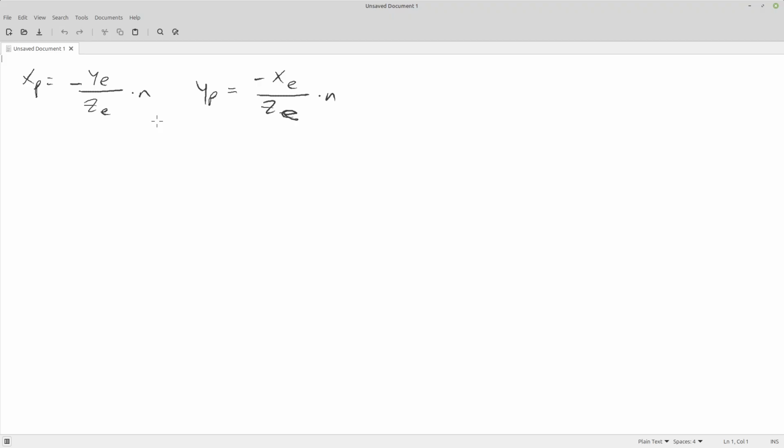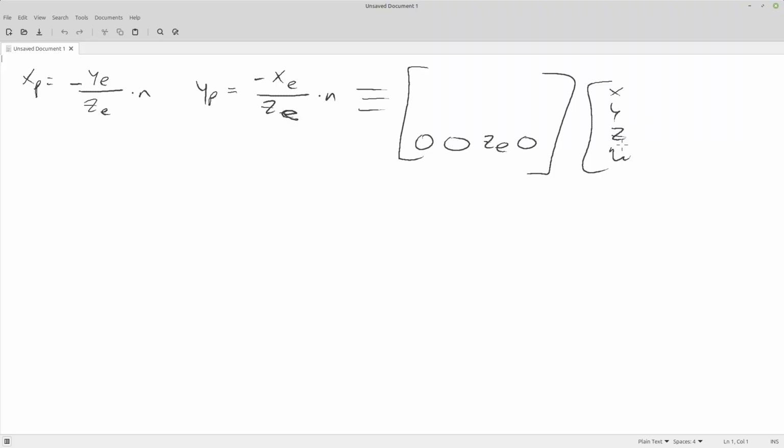But either way, what this translated to is saying we know that the fourth row of the matrix is 0, 0, z sub e, 0, because of the way matrix math works, and again this is a refresh from part 1 of the video.